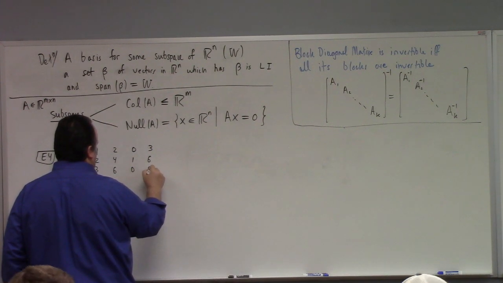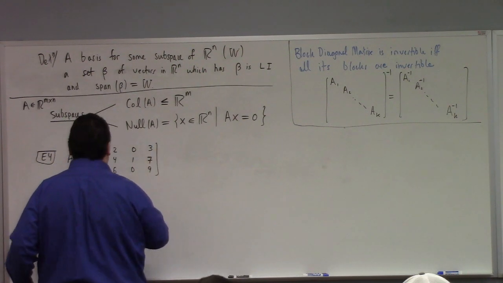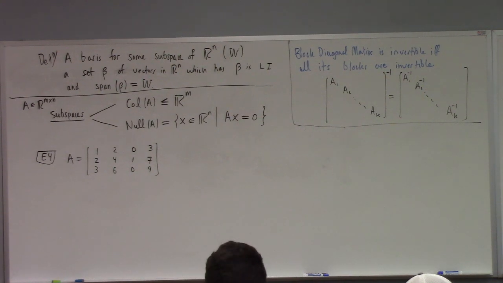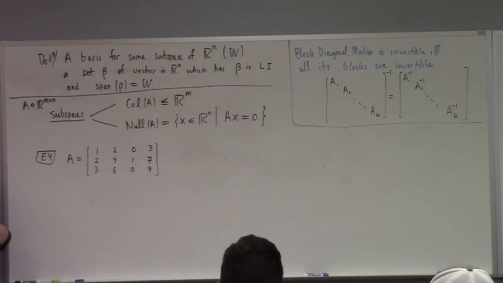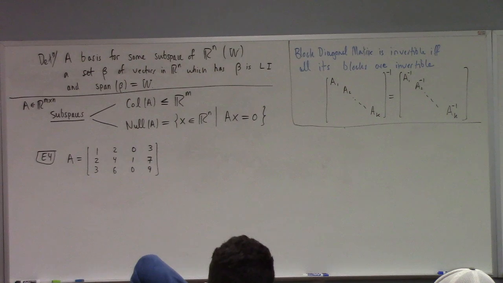Oh, my bad. I meant to put a 7 in the middle. I'd like to show you how we can find the basis for the column space and the null space. As I was saying, row reduction pretty much answers both of these, so I'll illustrate the method for you.